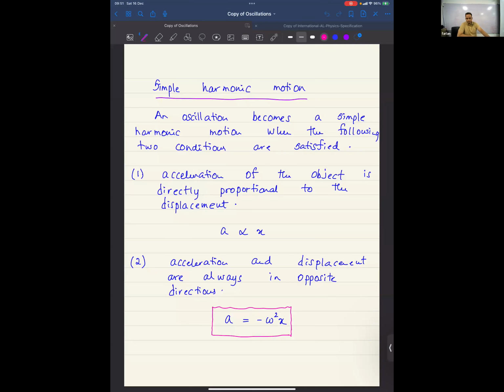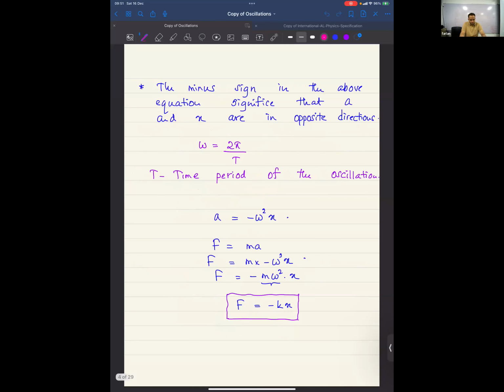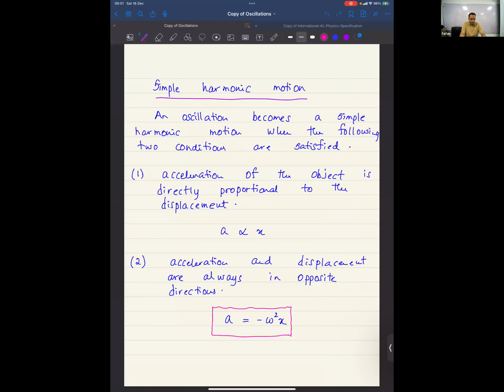Write it: a is directly proportional to x. Number two, acceleration and displacement are always in opposite directions.